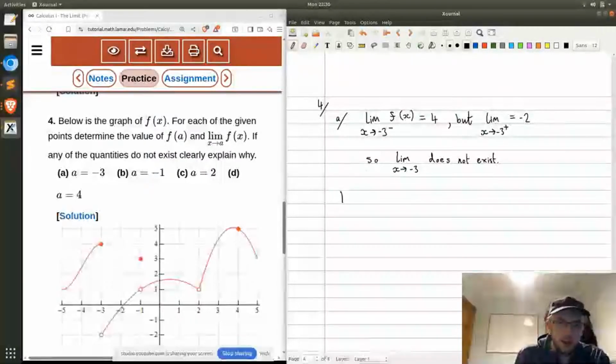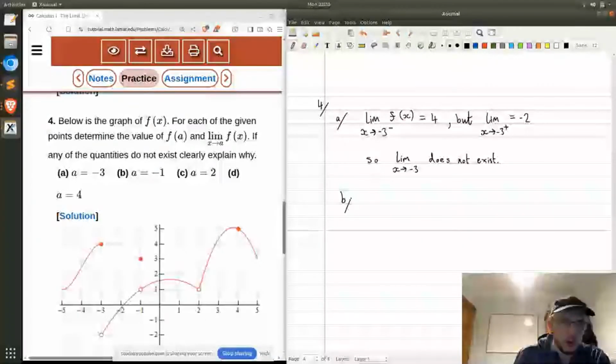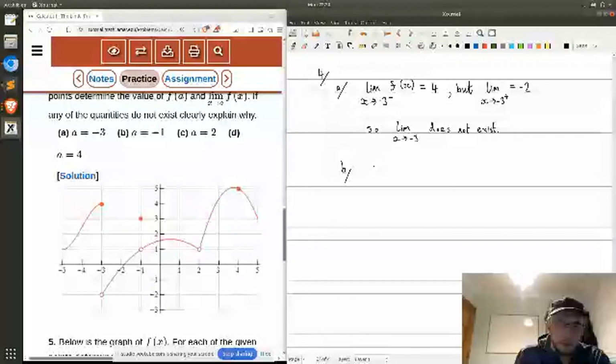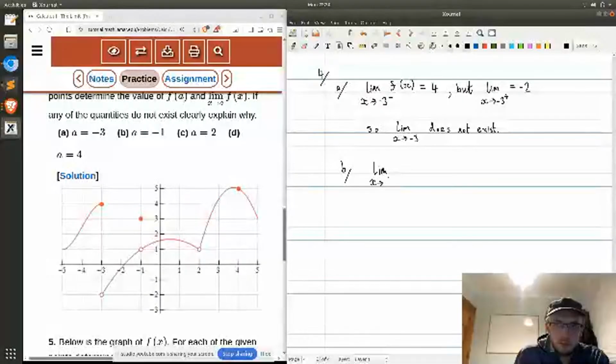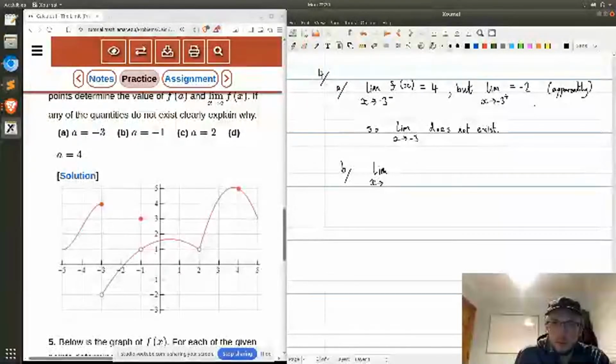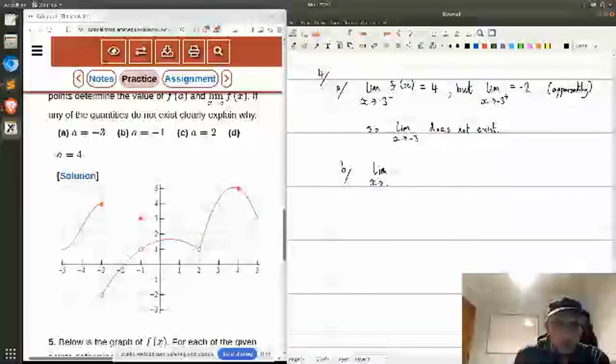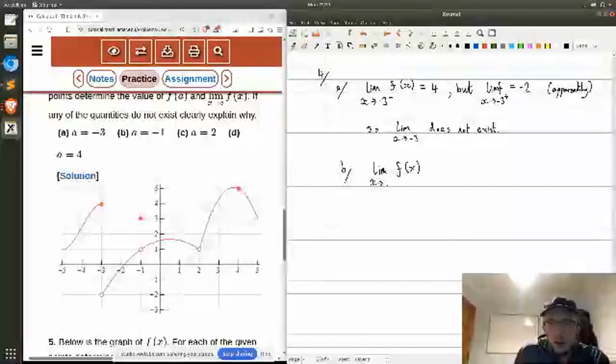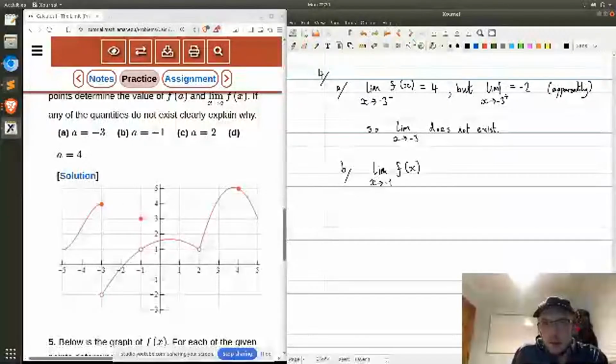That's what I believe, but we'll soon see. I haven't written f of x.